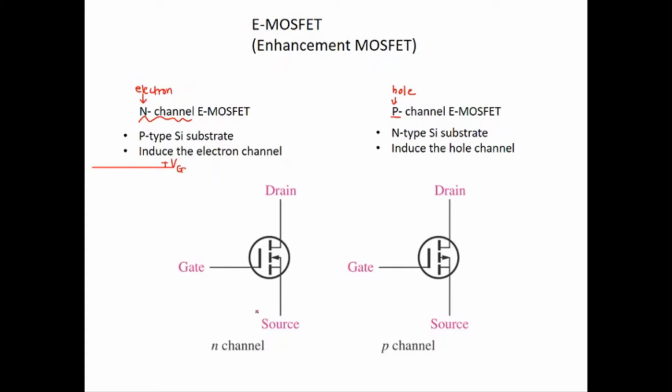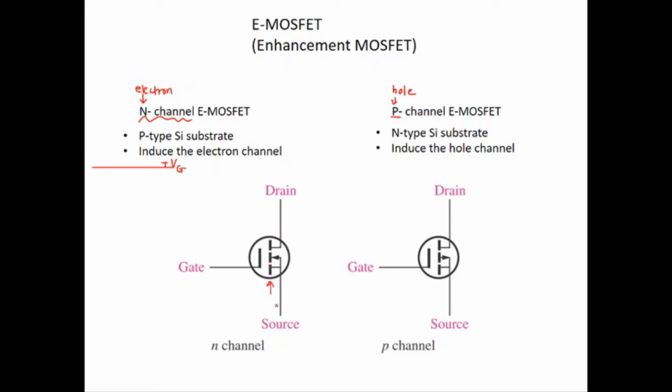The diagram below is the symbol of the MOSFET. This is the N channel and this is the P channel. To differentiate the EMOSFET from other types of MOSFET, you see here we have the dash line. The dash line indicates that there is no physical channel connecting the drain and the source.